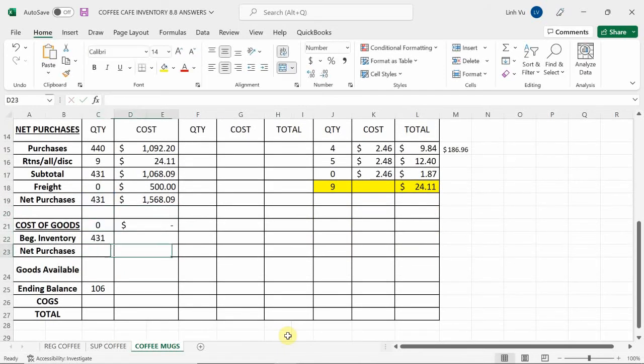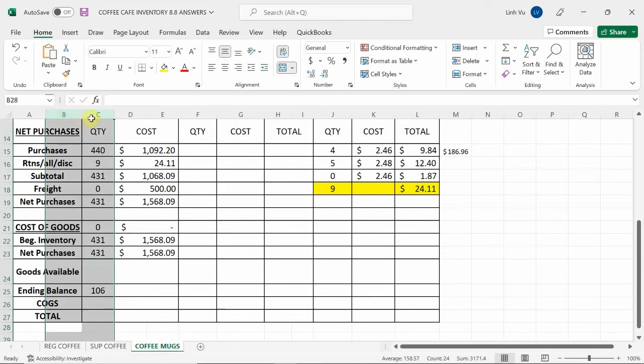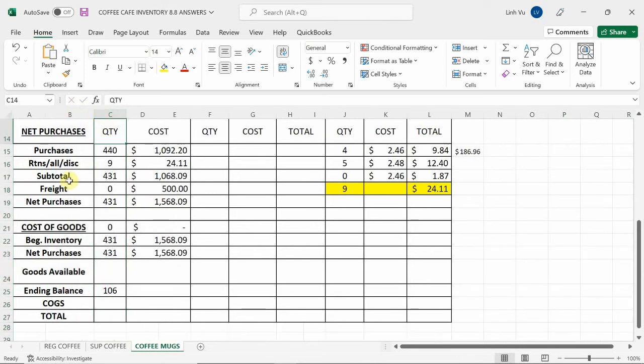Now in this case, we started our inventory at 0, right? We just started our company. So I'm going to carry down my net purchases. So that means my total goods available is 431 units at $1,568.09. Now, because I'm using weighted average, my assumption here is I must have sold how many units? If I have 106 units left, how many units did I sell?